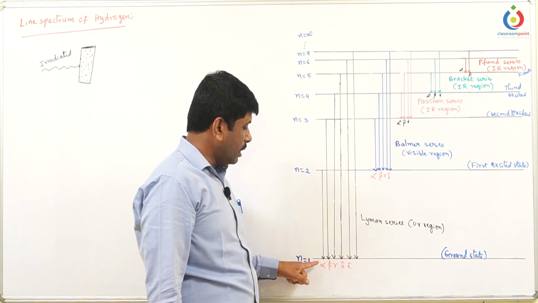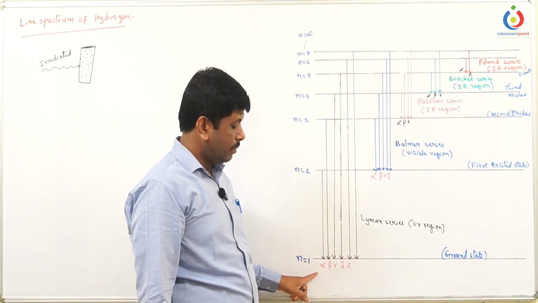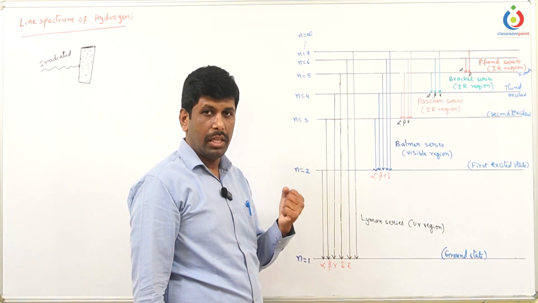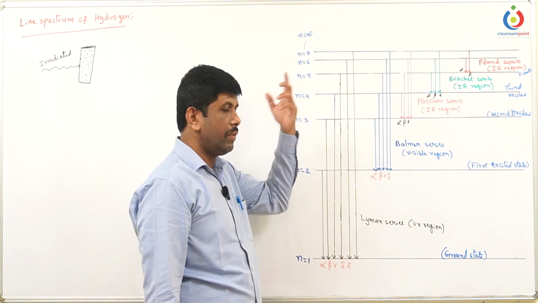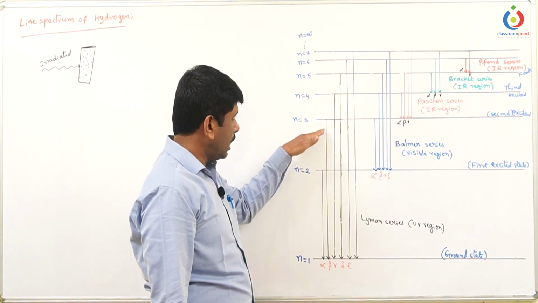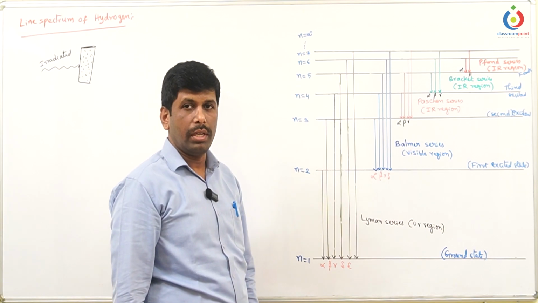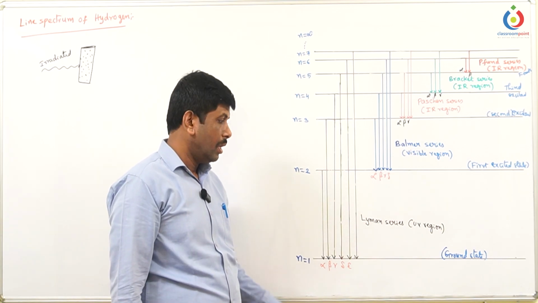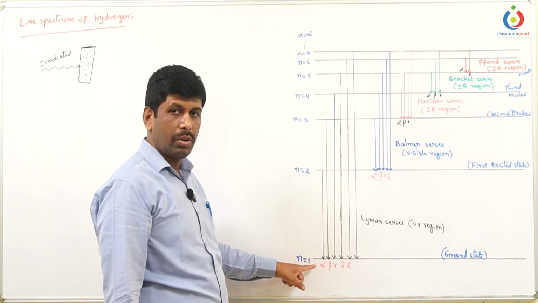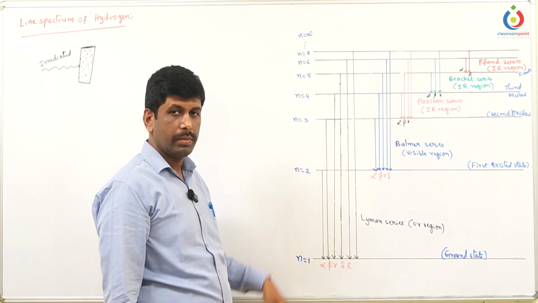The electron is always present in the lowest energy state, and whenever light strikes, the electron takes the amount of energy and goes to any one of the higher energy states. So the distance traveled by the electron depends on the quantity of energy it is absorbing. If it absorbs only this much difference of energy, then the electron goes from the first orbit to the second orbit.